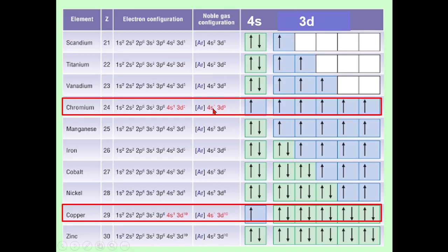So the second electron of this 4s subshell goes to fill the empty fifth 3d orbital. That is why this happens. I will show you in the other example how it happens, so you can understand clearly.